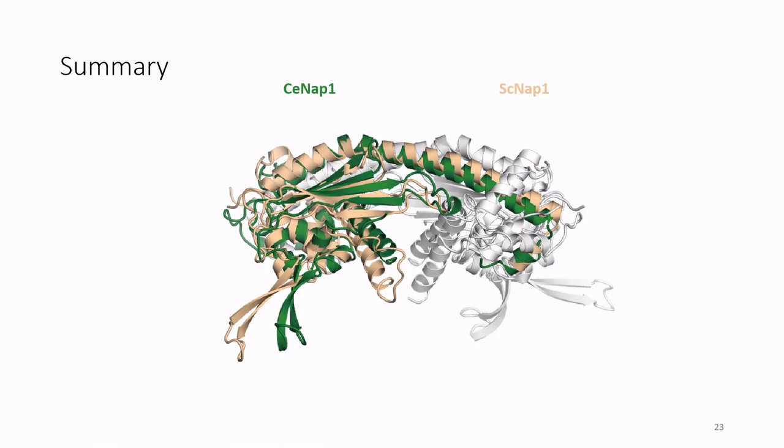To summarize this talk, in this study, we biochemically and structurally characterize Nap1 from C. elegans, or worm Nap1, shown in green. Its structure is almost identical to the yeast Nap1's core domain, which is shown in wheat.